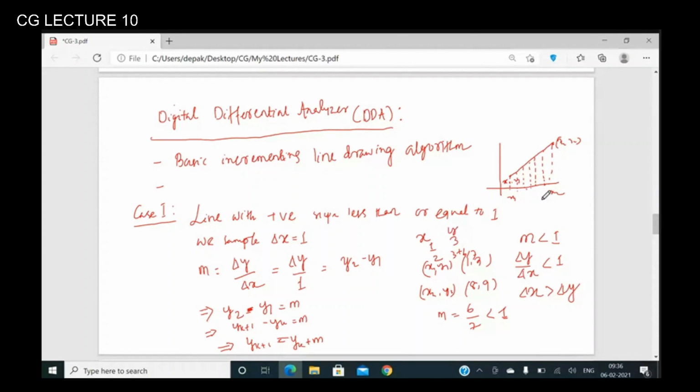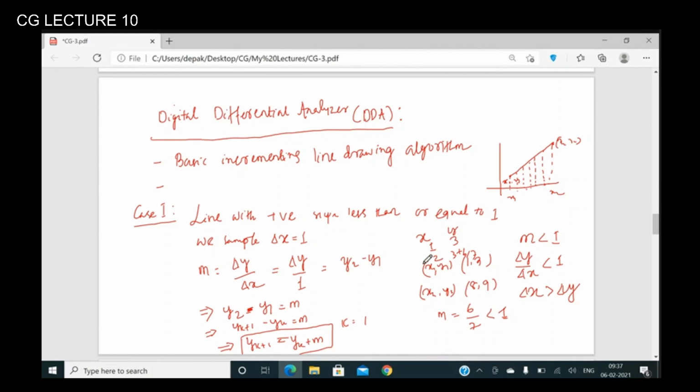Just now I want to give you a feel for how you will draw the pixels given two endpoints, x1 y1 and x2 y2, with the help of different cases in the DDA algorithm, right? So just now we have derived the formula here, yk plus 1 is equal to yk plus m. Here my k value starts with 1 and simply increases by 1.